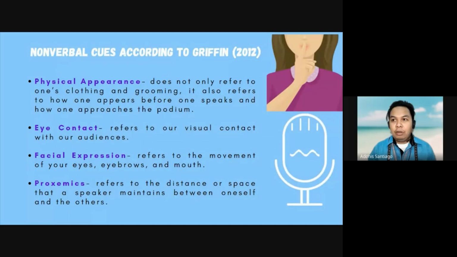But there are also some speakers who look believable, but the moment they speak, they are not that credible. It needs to be complementary with each other. You look believable, your appearance looks credible, and then the way you speak also needs to be credible as well, right? So it needs to be complementary with each other.